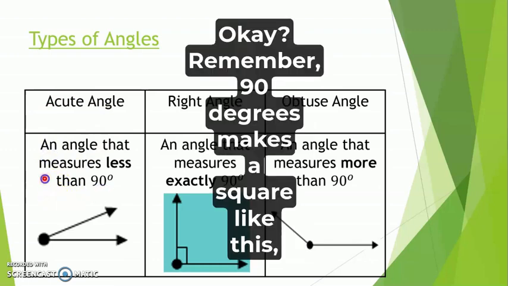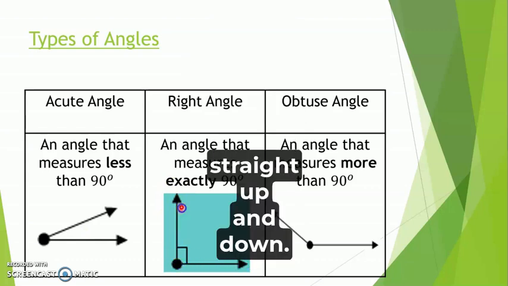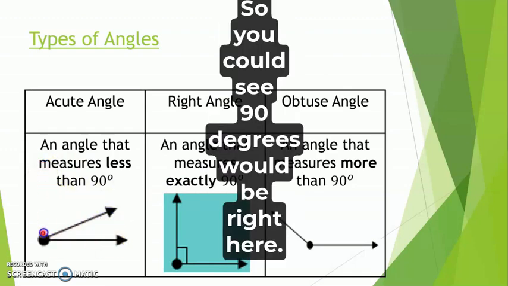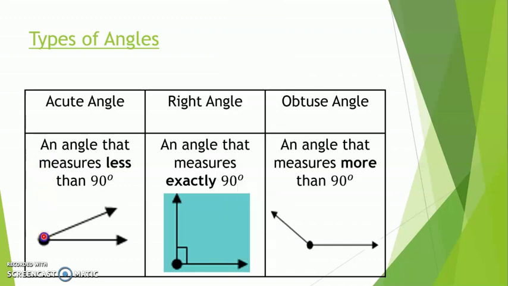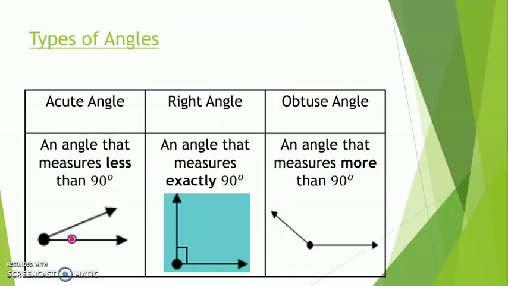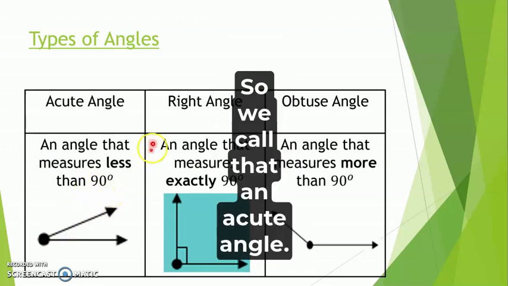Okay, remember 90 degrees makes a square like this, straight up and down. So an acute angle is smaller than 90 degrees. It's less. So you could see 90 degrees would be right here. This angle is smaller than 90 degrees. So we call that an acute angle.